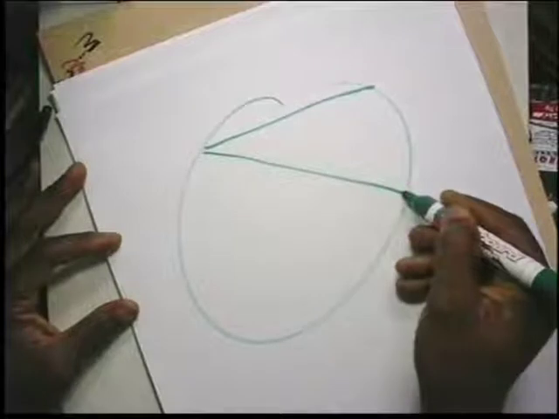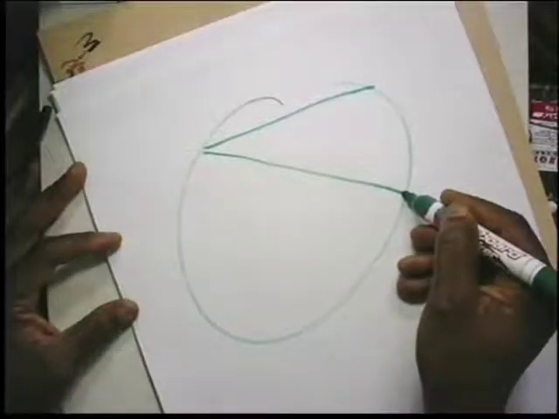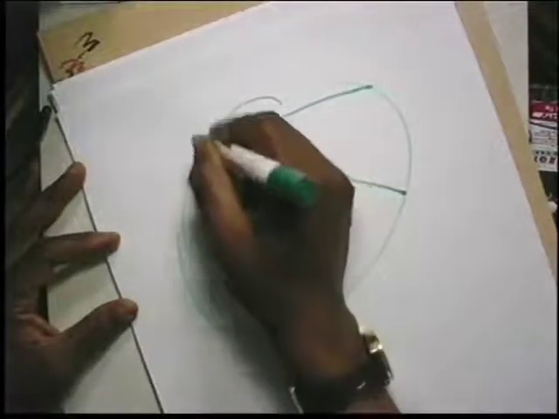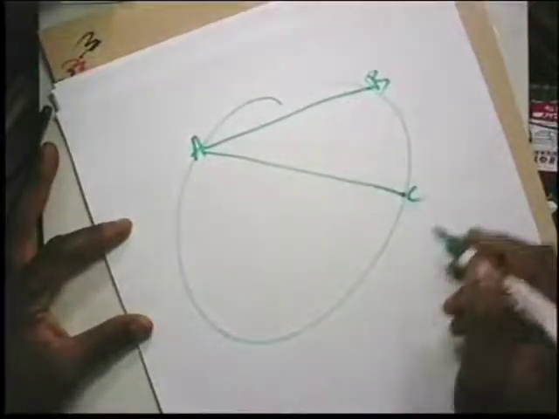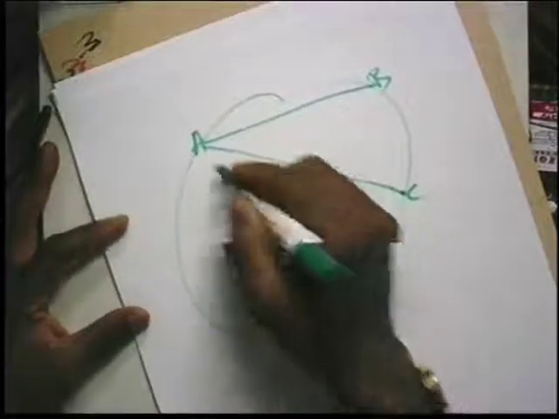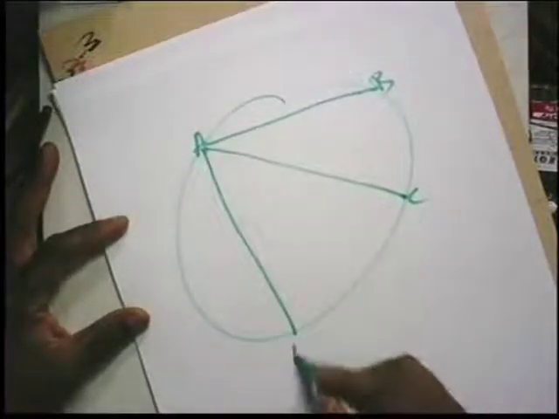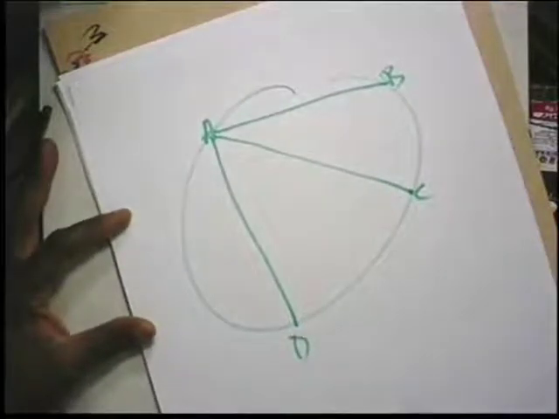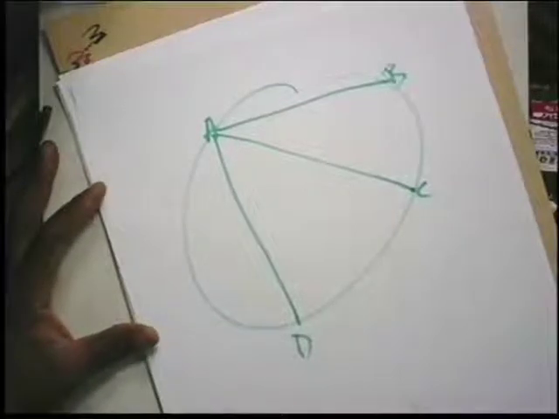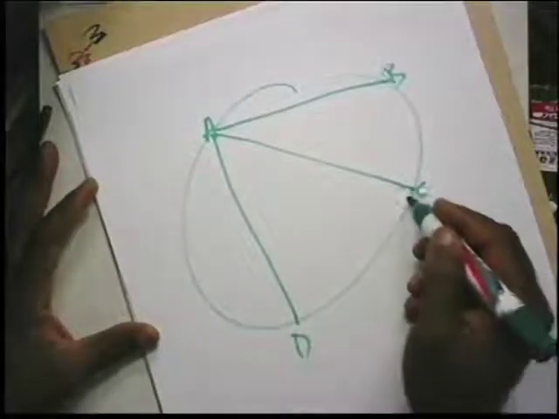This one will come here. This one will be A, B, C. Then this one will come here to be D. Then we can join D and C together.